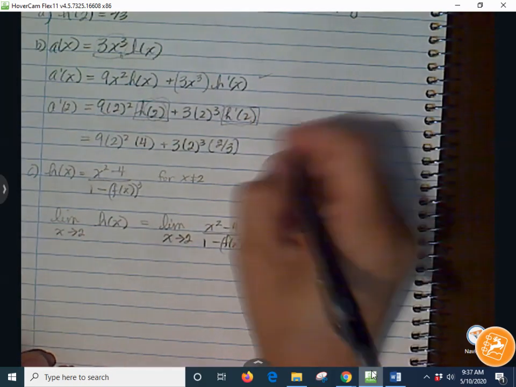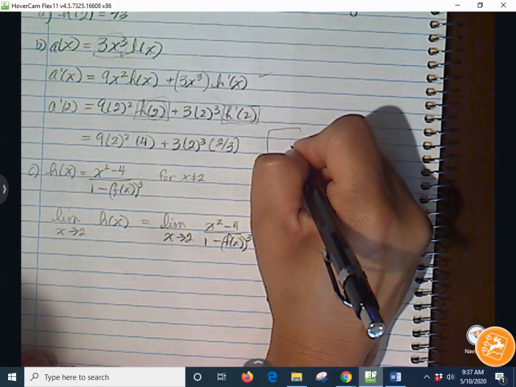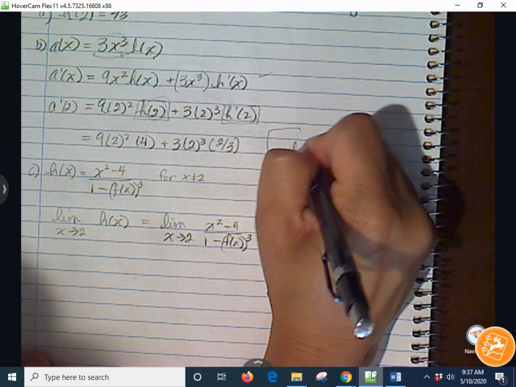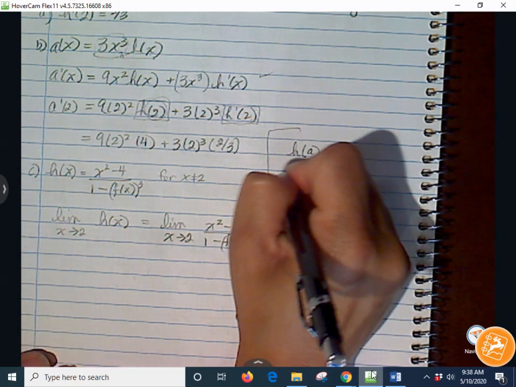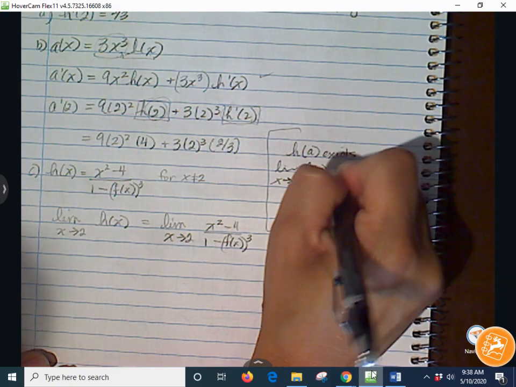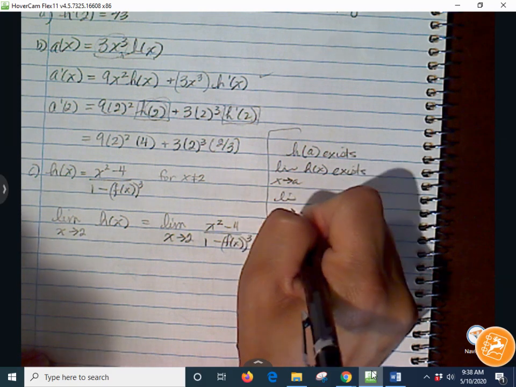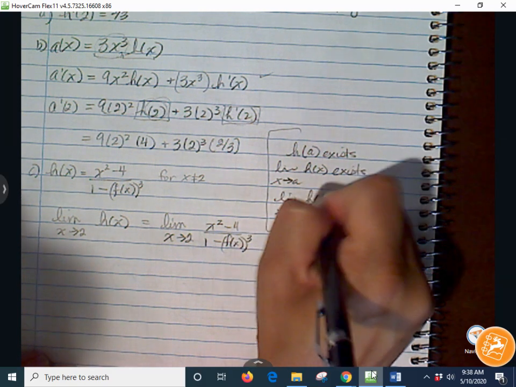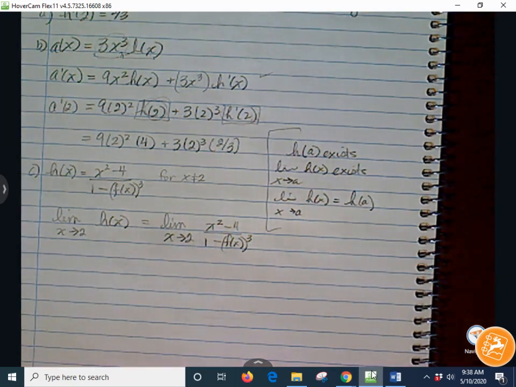Okay, so let me refer back to continuity. I'll do it in this term. H of a exists. Limit as x goes to a of h of x exists, and limit as x goes to a of h of x equals h of a. So this is continuity at a point.